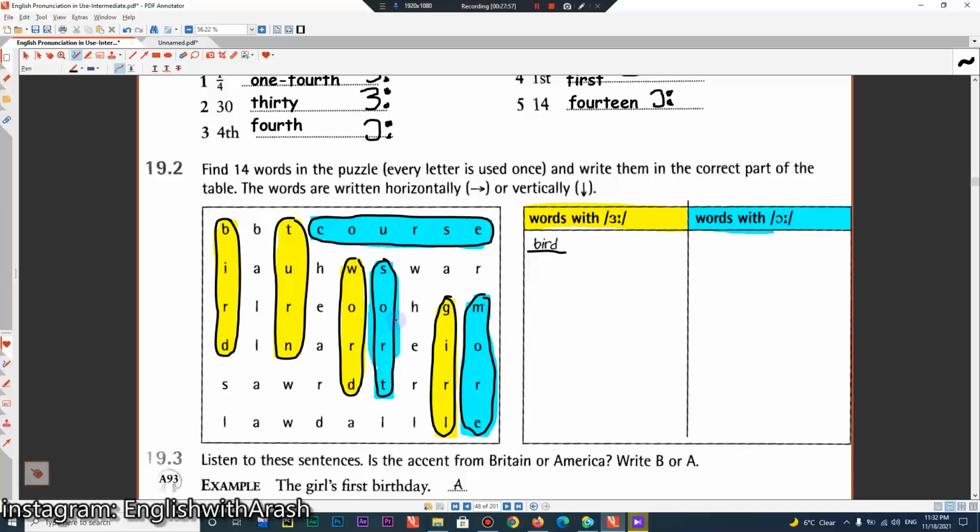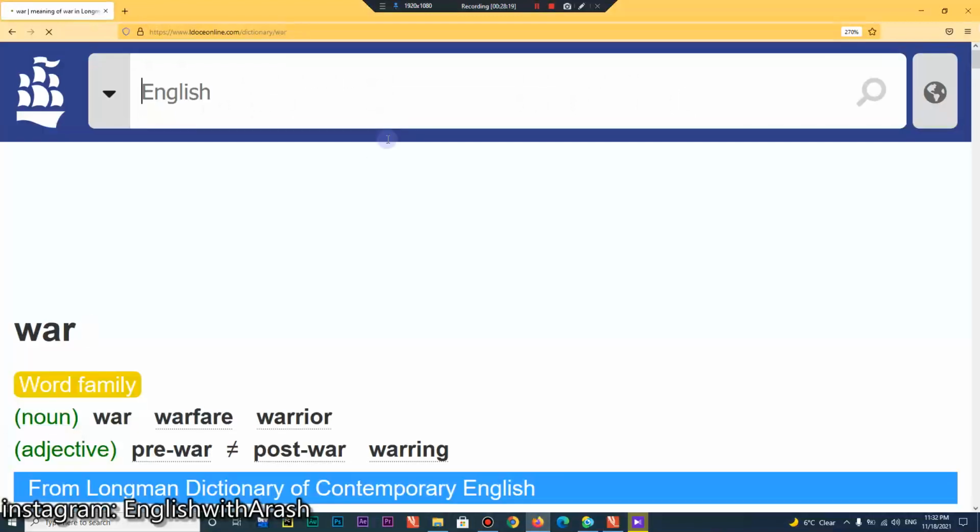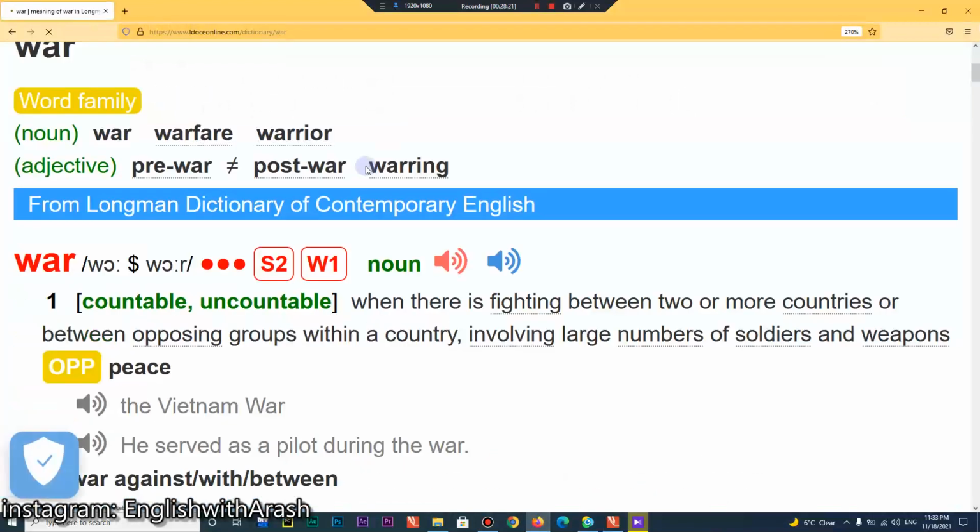Blue, I wrote it. More, I wrote it. Sort, I wrote. War, yes. War is blue. There's a war going on. You can also check it here. If you type war, you can see that war is O.